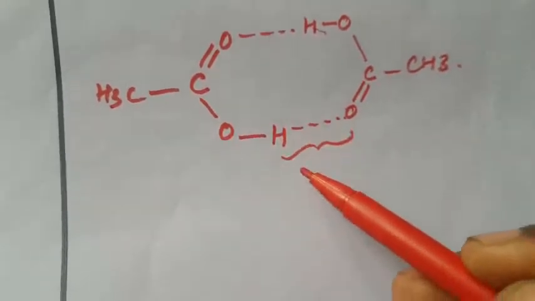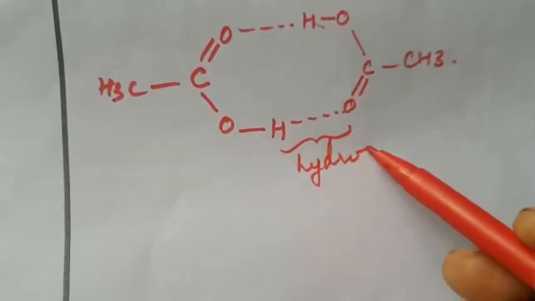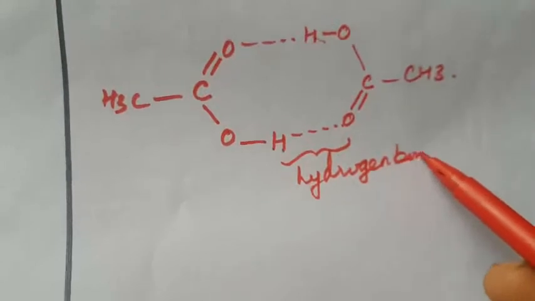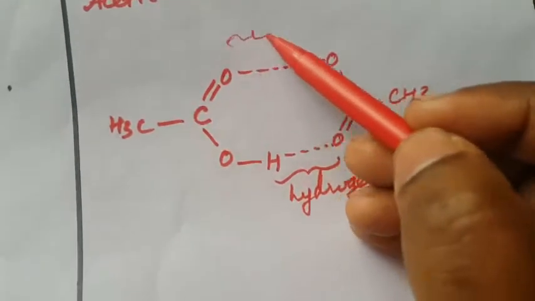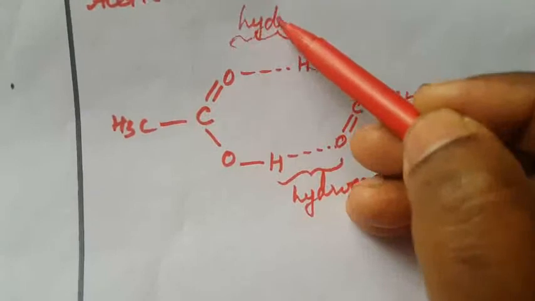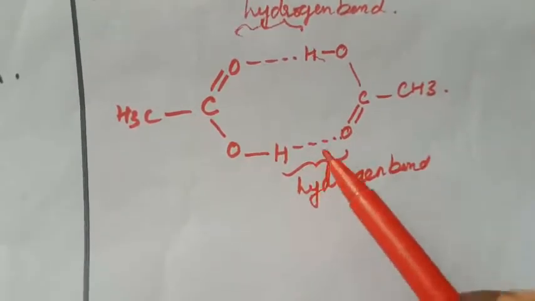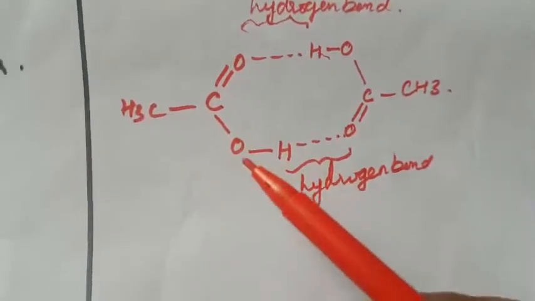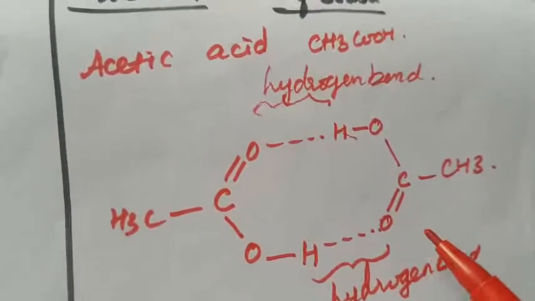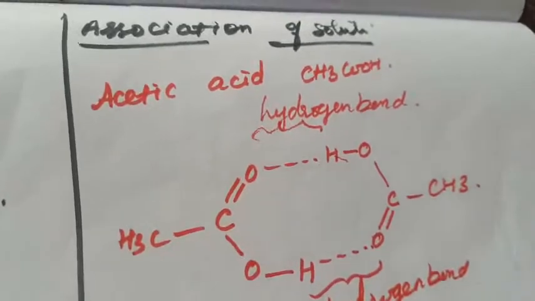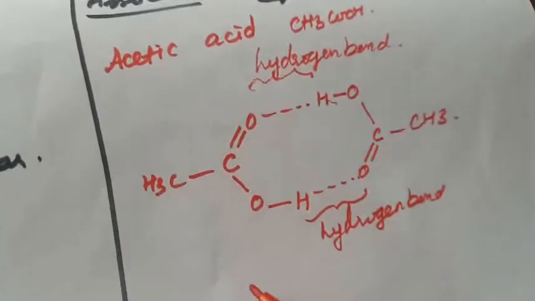The dotted line indicates a hydrogen bond. Here also it forms a hydrogen bond, and hence it deviates from Raoult's law. Even when two molecules form a dimer like this, it deviates from Raoult's law. This is called the acetic acid dimer.